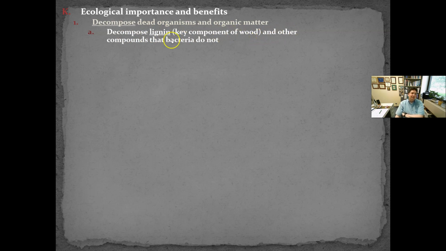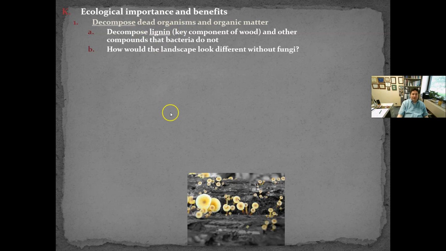And they can decompose other compounds that bacteria can't. You might remember from the last chapter, bacteria and fungi are your big groups of decomposers. They are responsible for decomposing dead organic matter and breaking it down. Well, bacteria can decompose some things that fungi can't, and fungi can decompose some things that bacteria can't, especially lignin, this key component of wood.